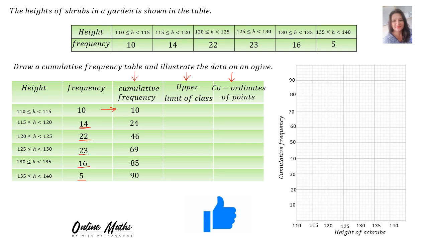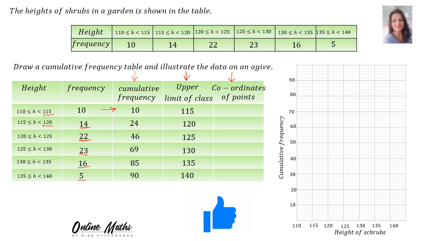Now, to sketch your ogive, you need another column in your table, the upper limit of the class. You go to your height column, your classes, and the upper limit of the first class is 115. The upper limit of the second class is 120, of the third class 125, then 130, 135, 140.